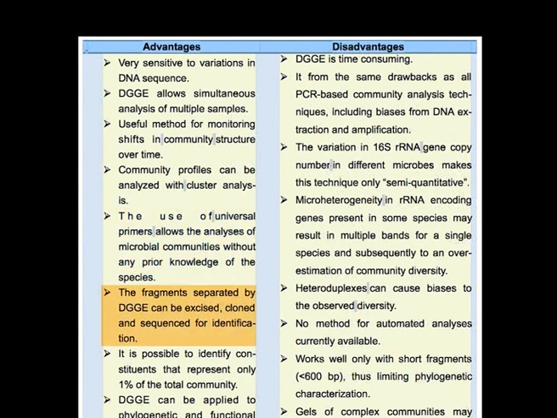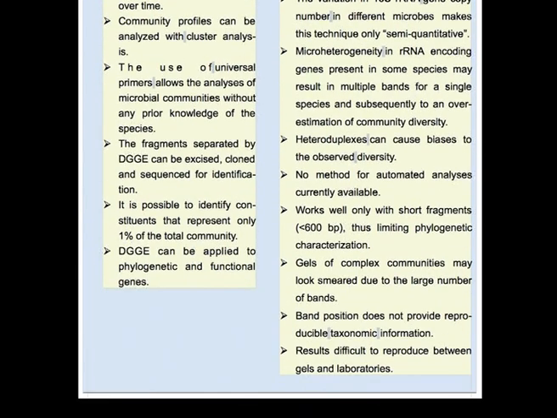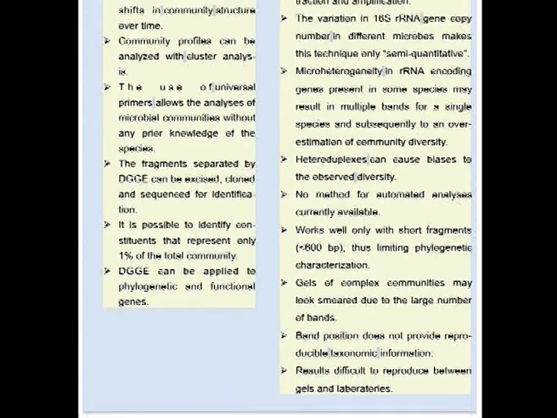The fragments separated by DGGE can be excised, cloned and sequenced for identification. It is possible to identify constituents that represent only 1% of the total community. DGGE can be applied to phylogenetic and functional genes.